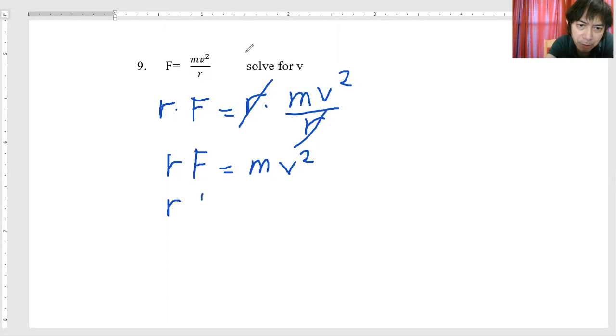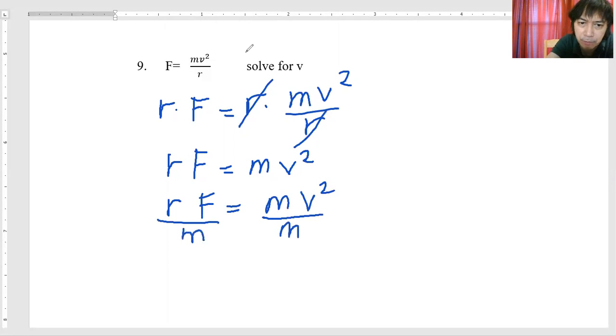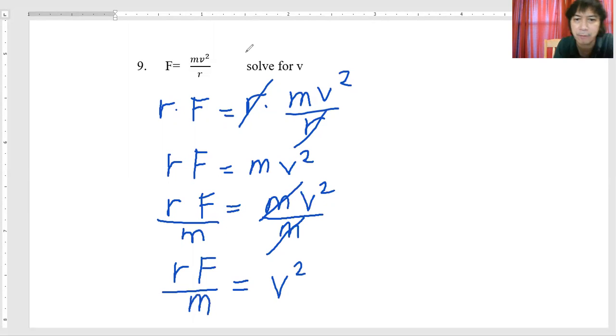So you have r times F, you have m times v squared. You can now remove the m by way of division there. And that cancels out there. So you were able to isolate the velocity squared at this point. The left side is the product of radius and force over mass.